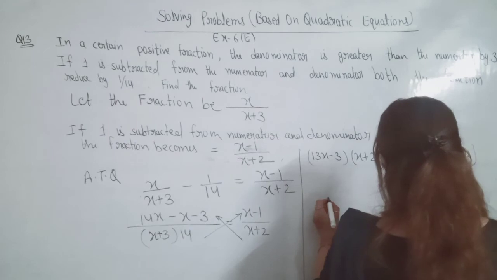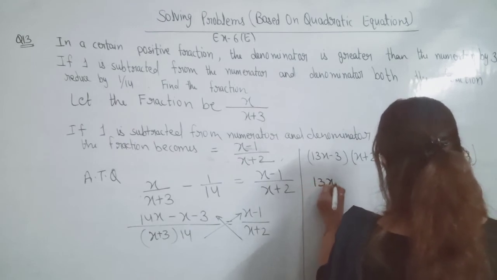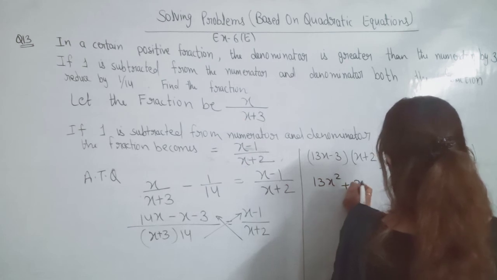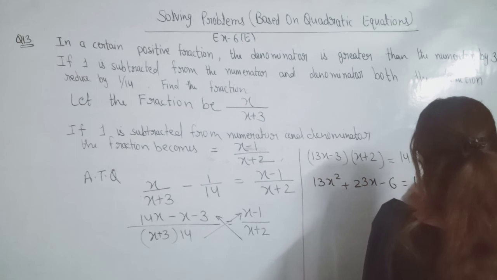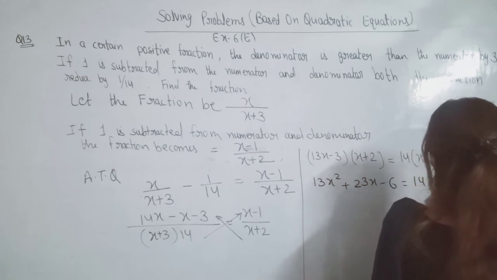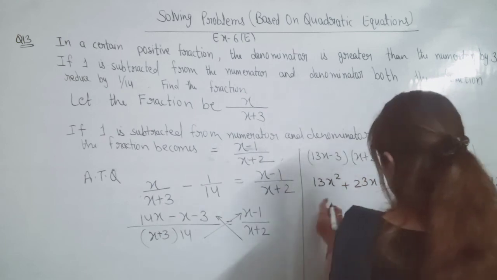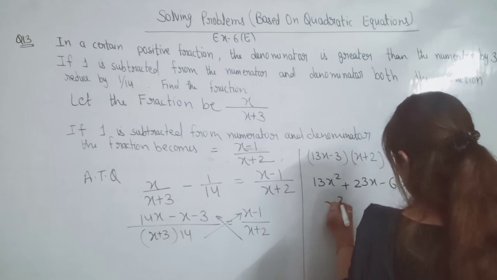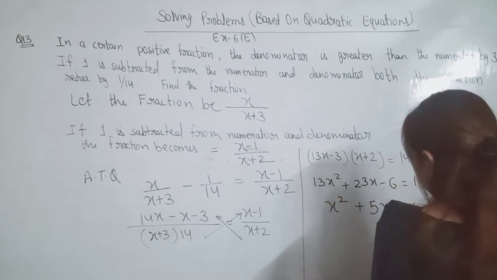When we solve it, the final equation will be 13x square plus 23x minus 6 is equal to 14x square plus 28x minus 42. Now when we solve it, the final quadratic equation will be x square plus 5x minus 36.